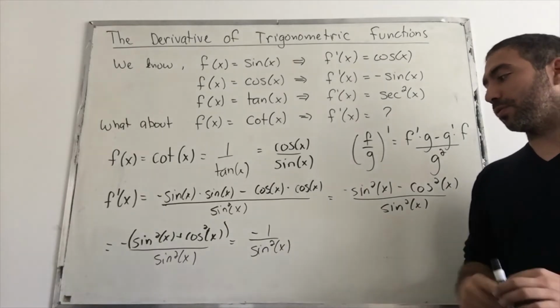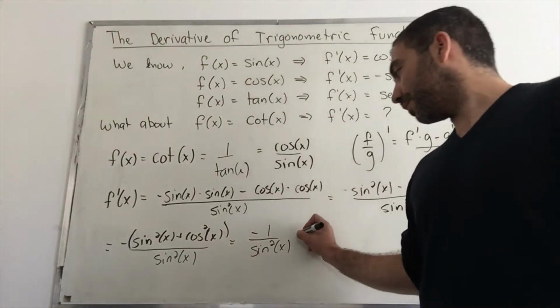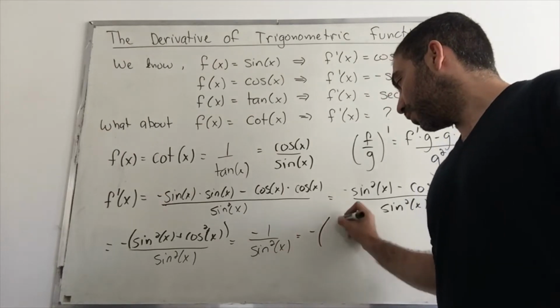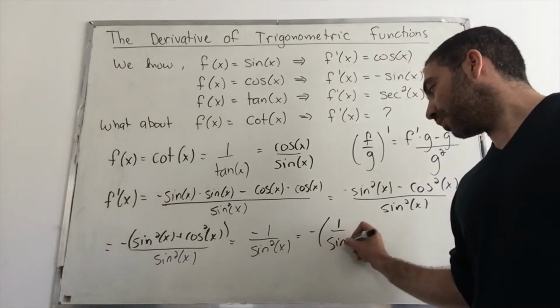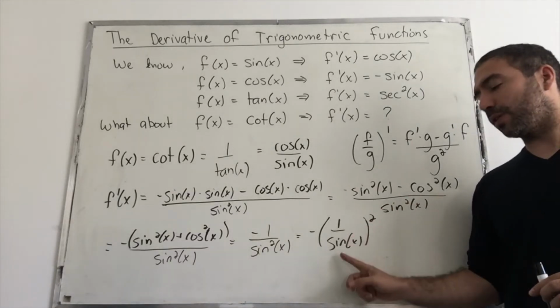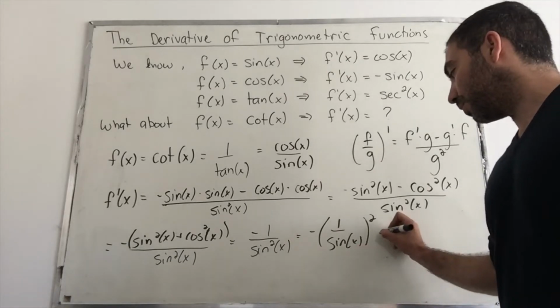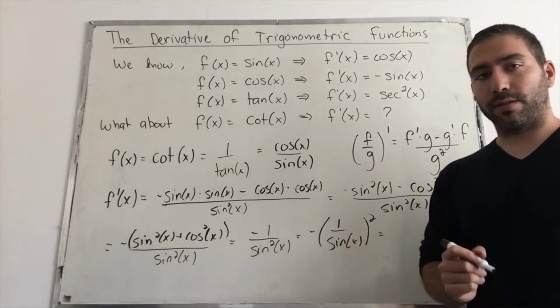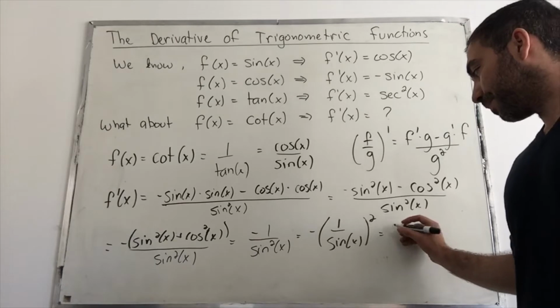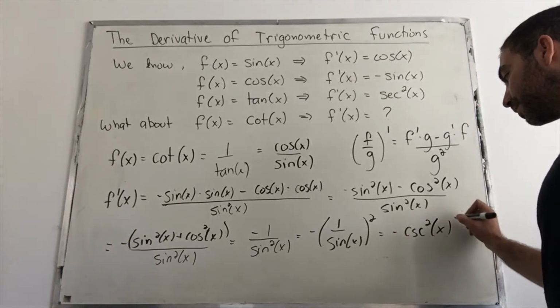And the last property that we have to remember is that we could write it this way, negative 1 over sine of x, all that squared. And we could rewrite 1 over sine, this is one of the properties you have to remember, that this is equal to cosecant. 1 over sine is cosecant. So this gives us negative cosecant squared of x.